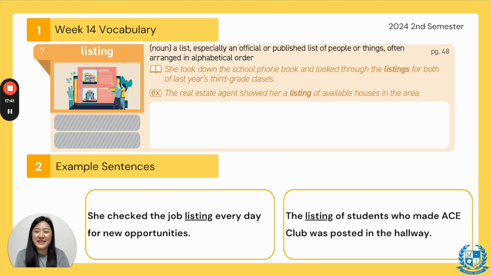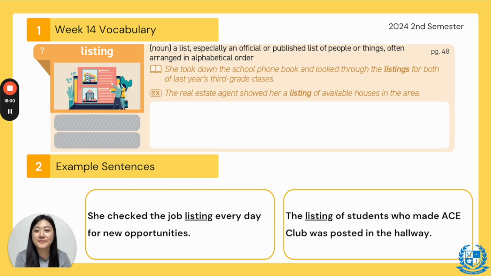Next, let's read together. 1, 2, 3. The real estate agent showed her a listing of available houses in the area. So, as you can see in the picture above, a listing of different houses. So she's trying to go and buy a house. A real estate agent could be from a realtor.